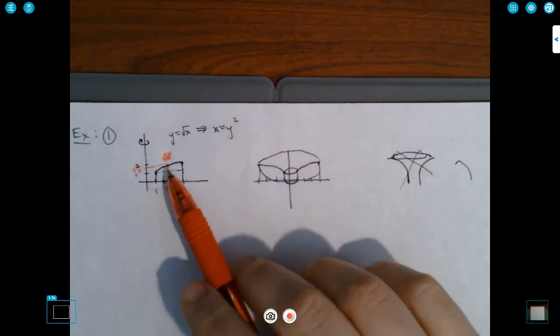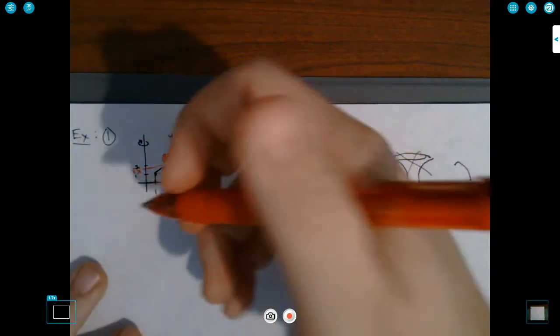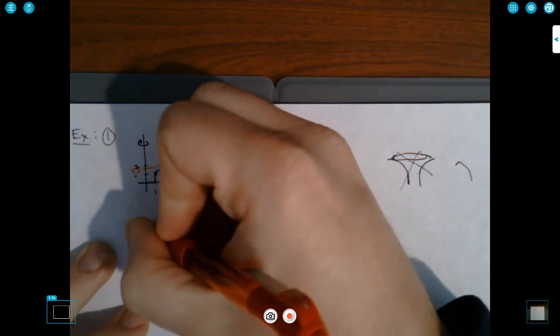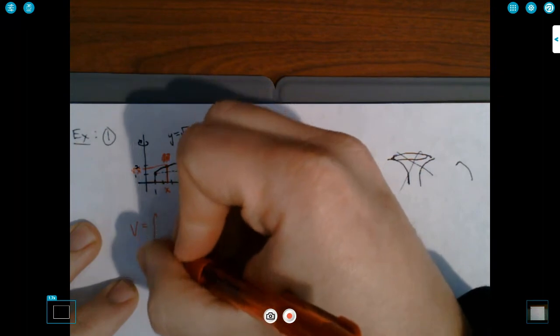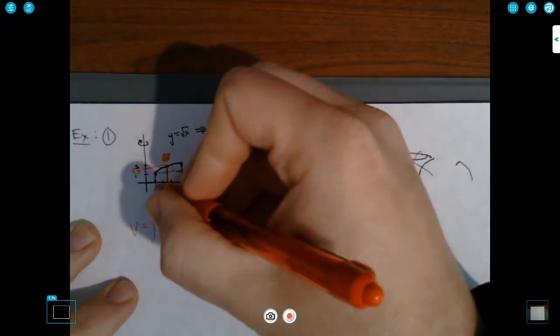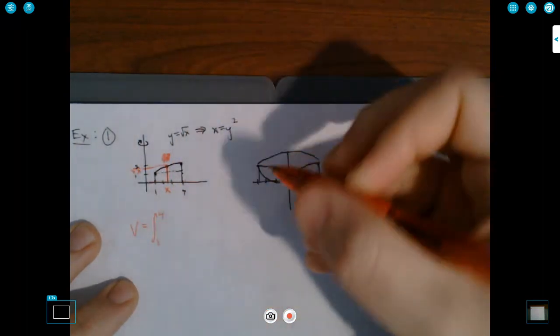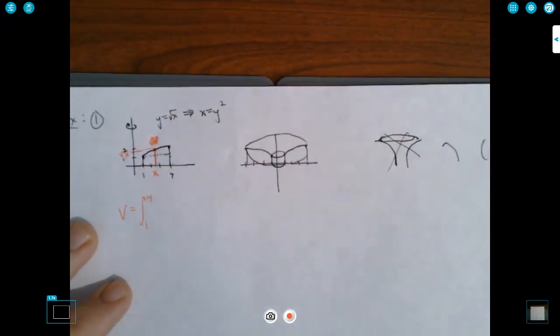So then the volume is going to be the integral from 1 to 4 of the area of each of these little cylindrical shells that we get.